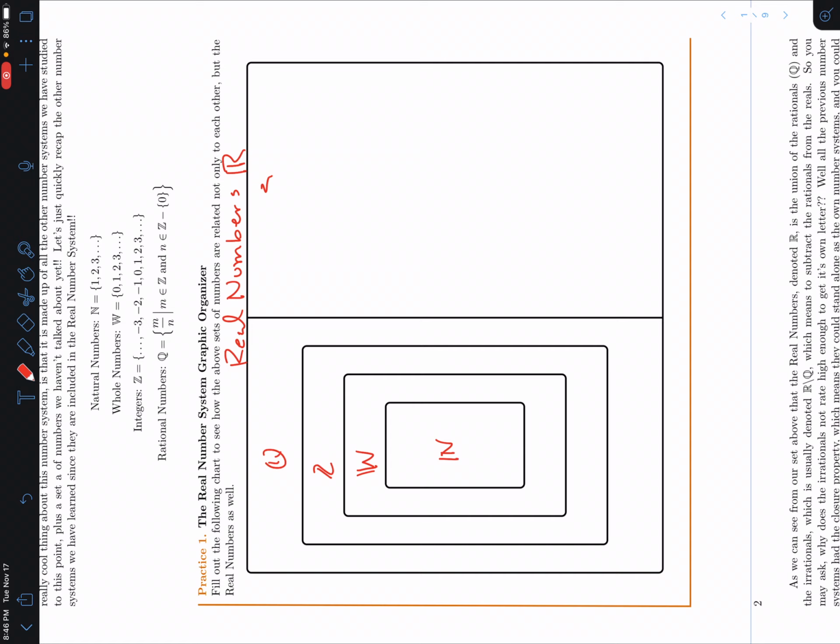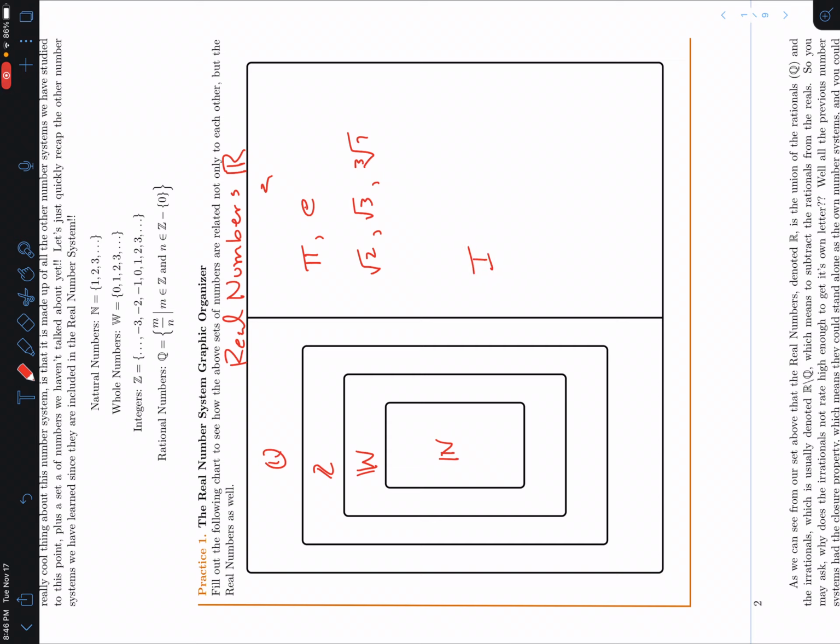Things like pi, for example, would live over there. Like the number e, 2.71828, that would fall over there. Things like square root of 2, square root of 3, cube root of 7, anything with a radical that can't be simplified would live over there.